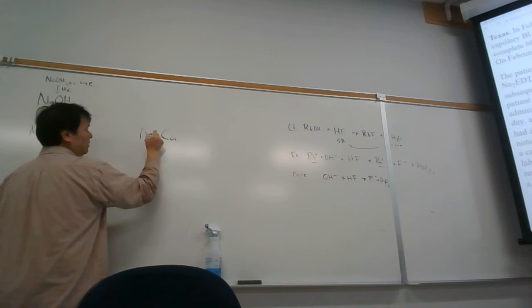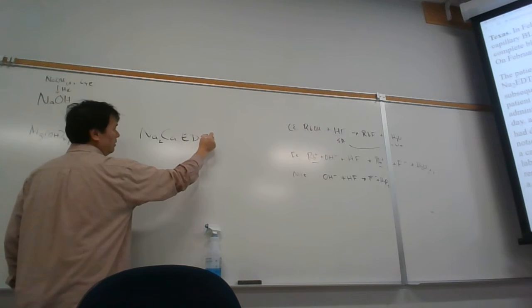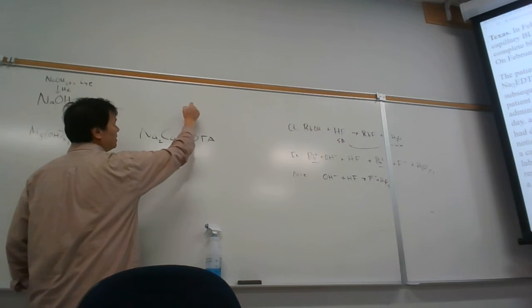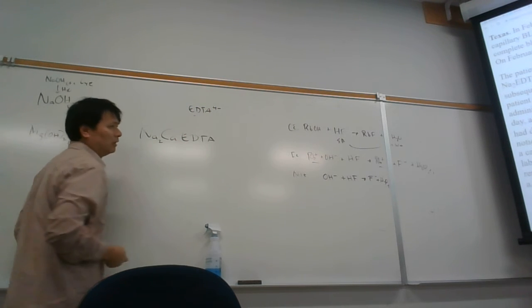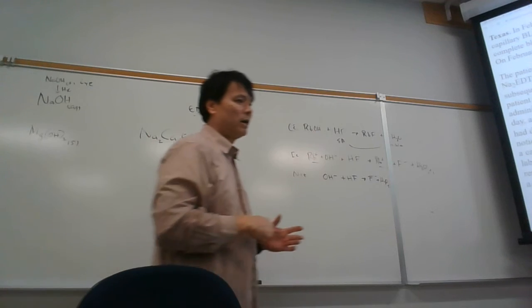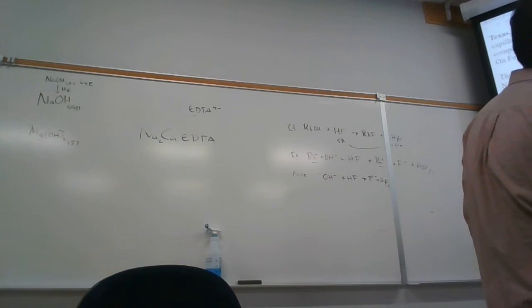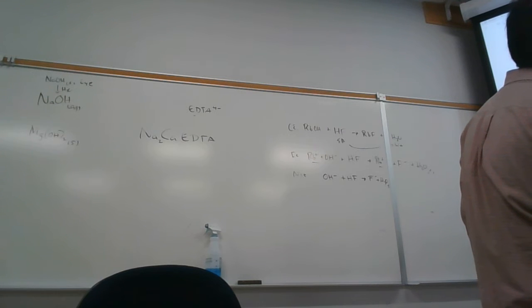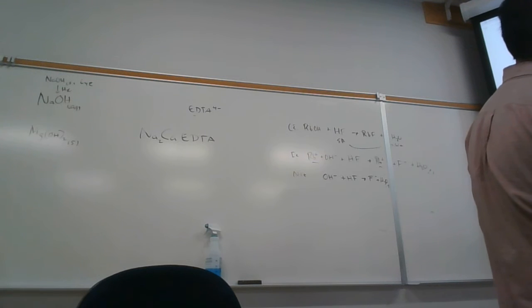It's this. EDTA is a 4- anion. And normally we don't see very many 4-, but this one is not any problem, because it's not 4- on a monatomic. There's 4- on the oxygens.